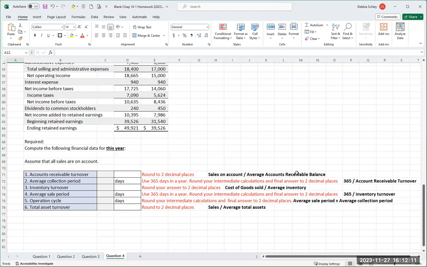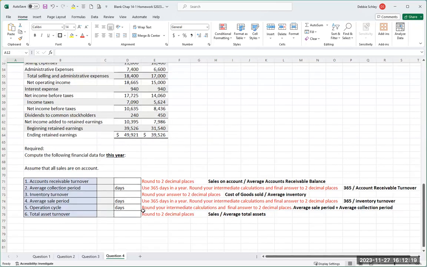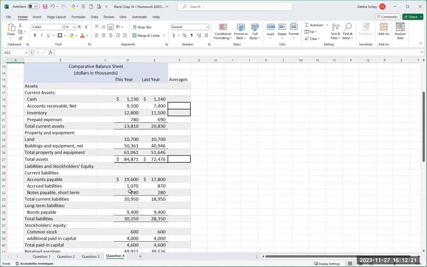Now, several of these, we need an average. We need an average accounts receivable. We're going to need an average inventory, and we're going to need average total assets. So I'm going to come up here and I'm going to compute some averages just really quick to make it quicker.